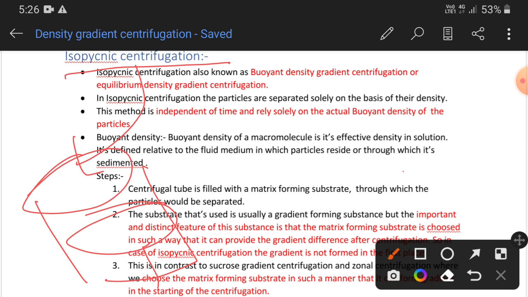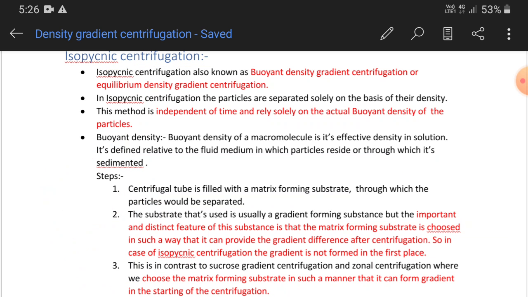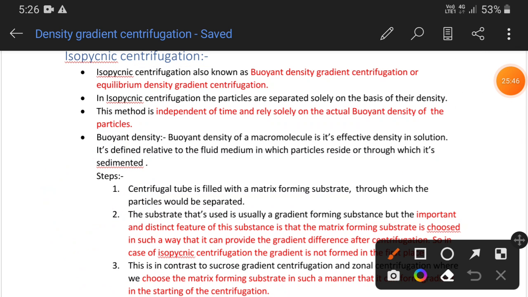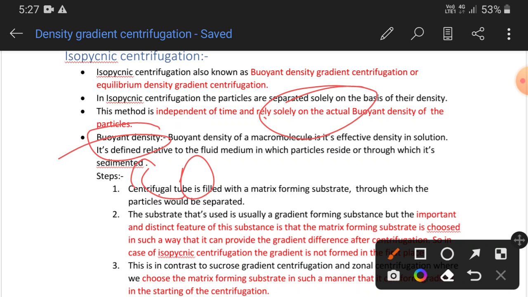Okay, so isopycnic centrifugation is independent of time and depends solely on buoyant density. That means the effective density of the macromolecule in the solution will control the isopycnic centrifugation. Whenever a particular macromolecule's buoyant density matches the particular environment's density, the molecule will stop.